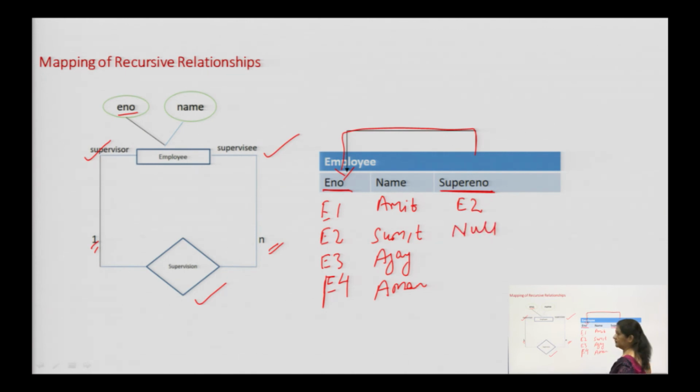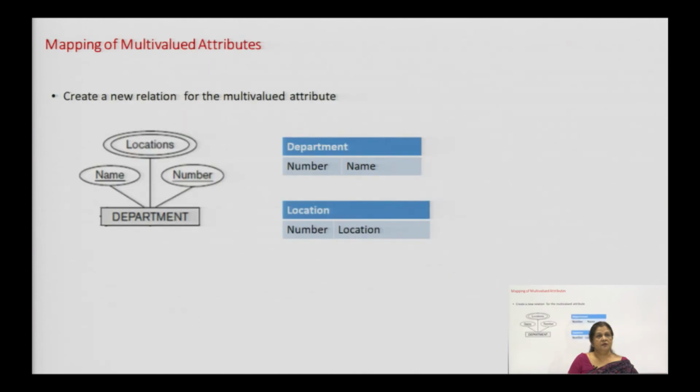For E2, let us say there is no supervisor. For E3, the supervisor is E1, and for E4 also the supervisor is E2. So, that means this is the foreign key. Where is it deriving its value? It is deriving its value from the primary key over here. So, this is how we map a recursive relationship to a table.